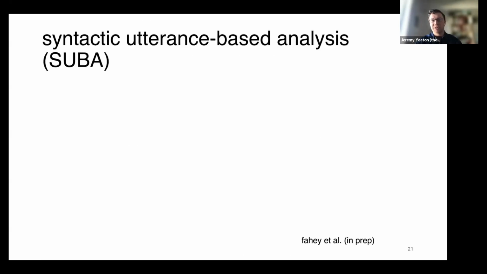We have called this the syntactic utterance-based analysis, or SUBA, which we found to be a more friendly acronym relative to the alternative, which was utterance level syntactic analysis, or ULSA, which just didn't sound very nice. So we picked the cooler acronym.